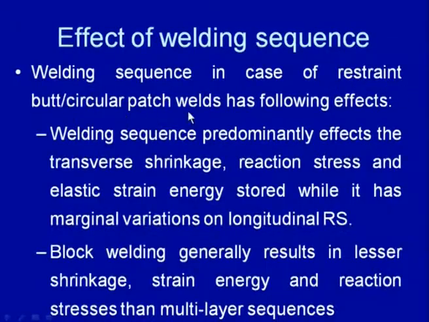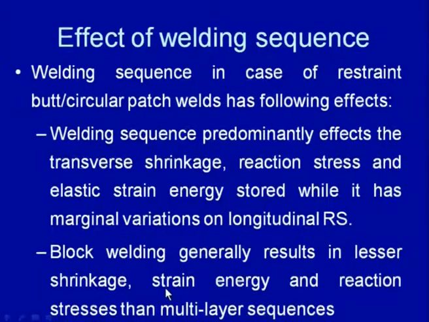Welding sequence in the case of a restrained butt or circular patch weld has the following effects: it predominantly affects the transverse shrinkage, reaction stresses and elastic strain energy stored, while it has a marginal effect on the longitudinal residual stresses. Block welding sequence generally results in lesser shrinkage, reduced strain energy stored and reduced reaction stresses as compared to the multi-layer sequences.